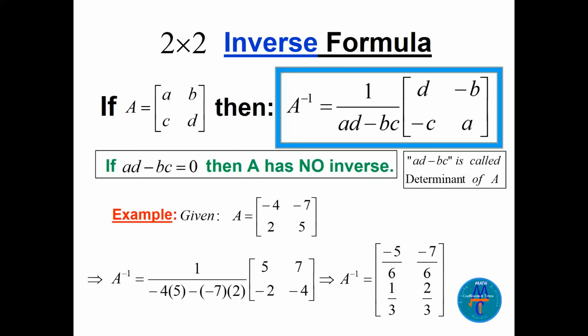And then I switch the main diagonal, 5 up and minus 4, and the other I multiply by -1, so it becomes 7 and minus 2. Then I multiply this scalar, 1 over minus 20 plus 14, 1 over minus 6, by every element in the matrix. So the inverse here is minus 5 over 6, minus 7 over 6, 1 over 3, 2 over 3.